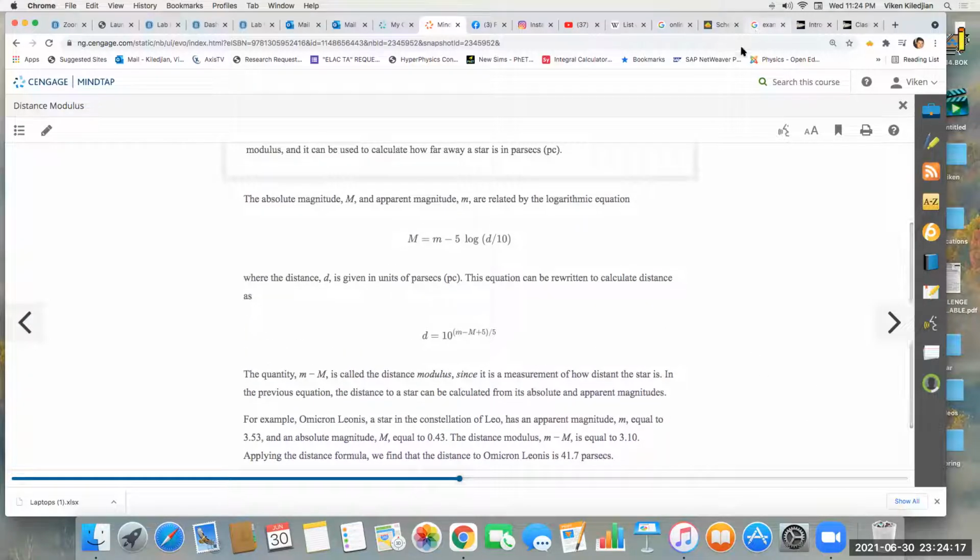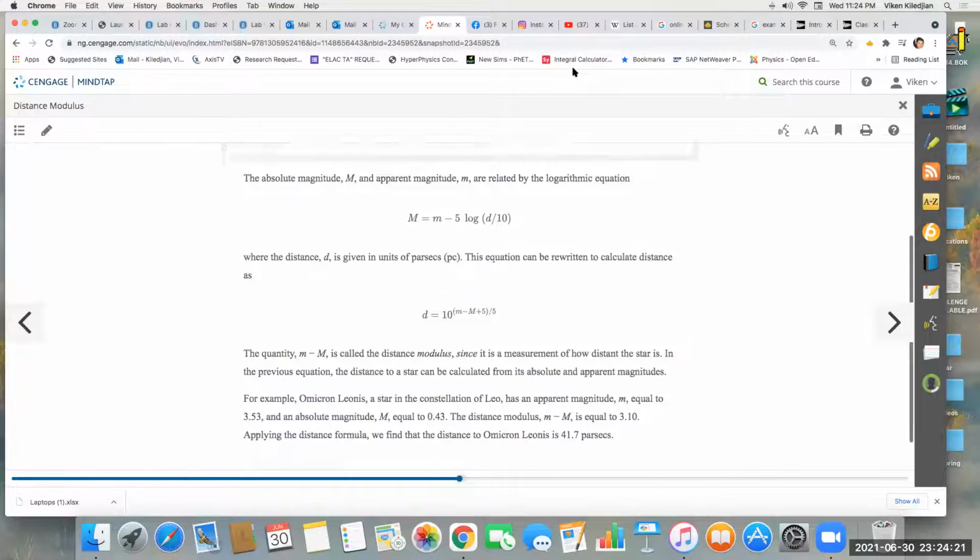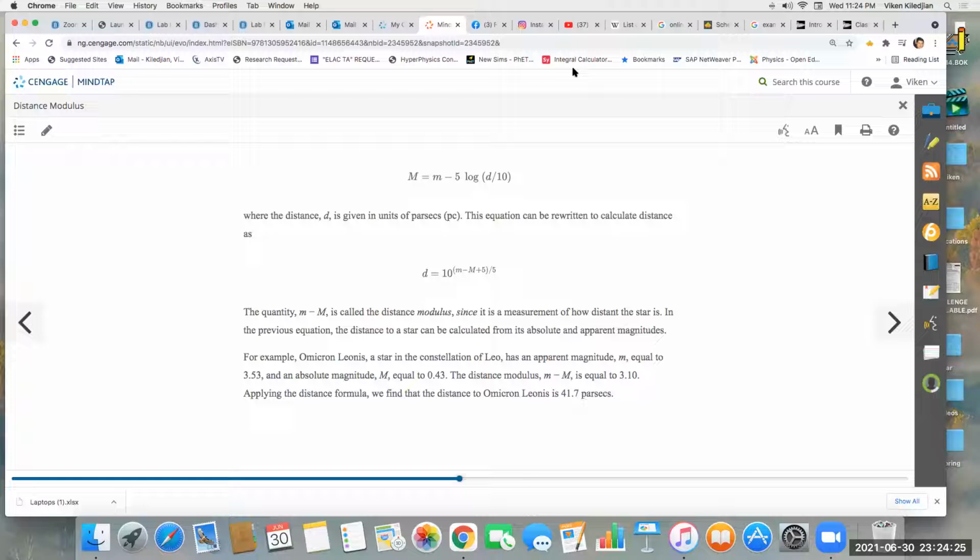Okay, so let me show you here how they're doing that. So the little m, let me take a picture of this, the little m was 3.53, I think 3.53, and absolute luminosity on the luminosity scale is 0.43.